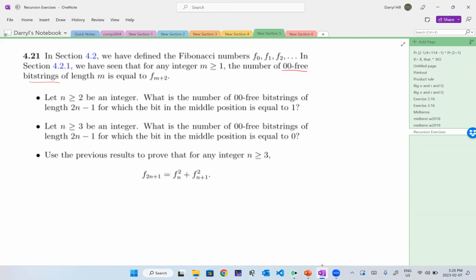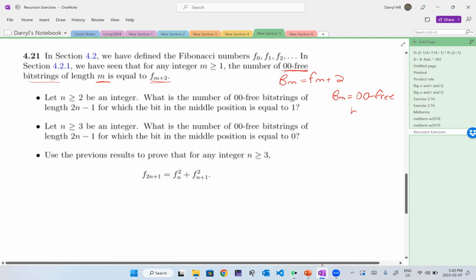So in this case, we know that the number of 00-free bit strings of length m is equal to f of m plus 2. So we're going to call that, what did we call it? B of m equals f of m plus 2. B of m is the 00-free bit strings of length m.